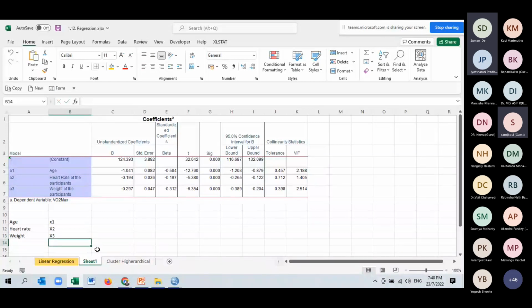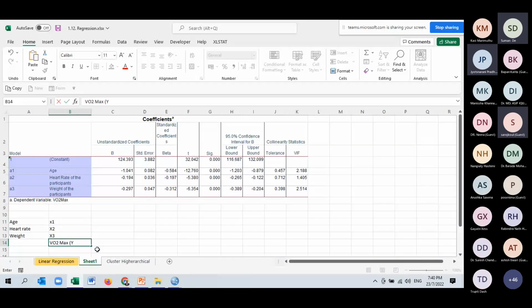So we are going to predict VO2 max, otherwise Y. So how do you write the equation?